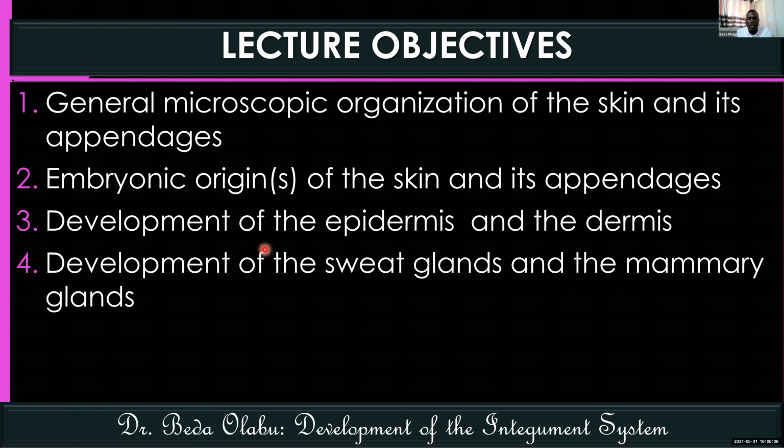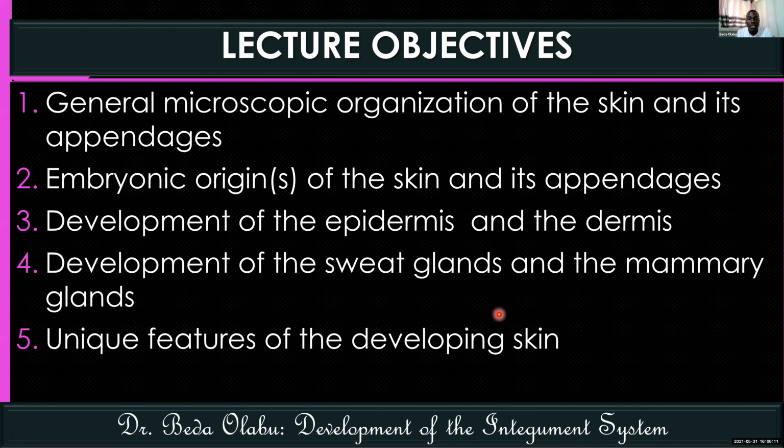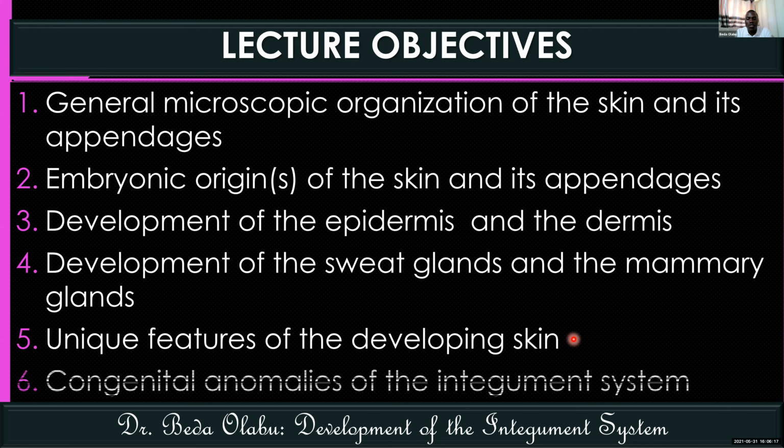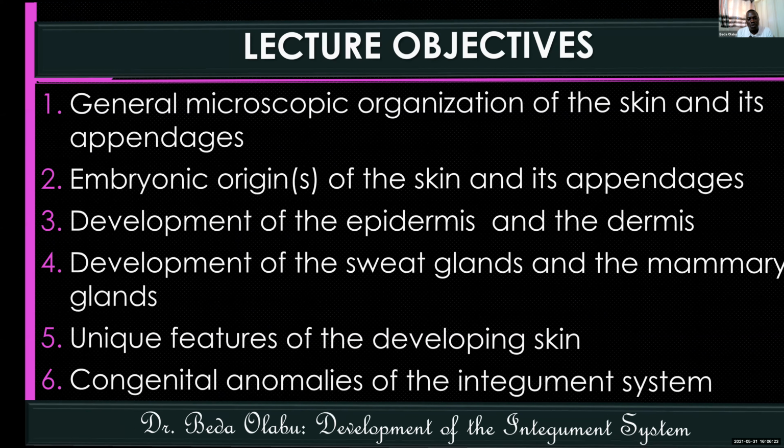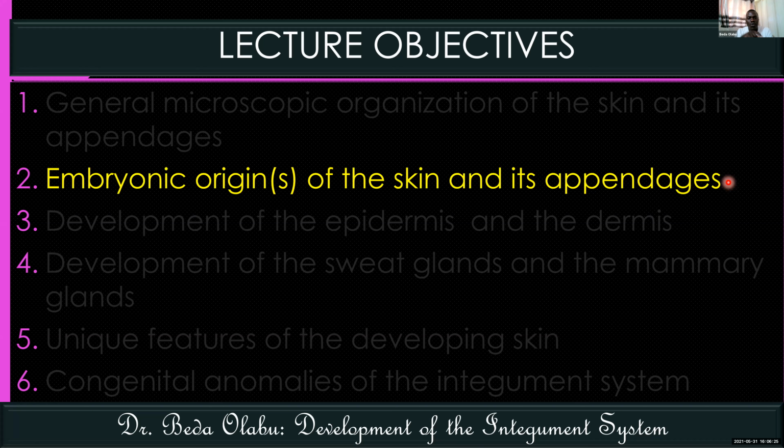We'll talk about development of the sweat glands and mammary glands, and we'll talk about unique features of the developing skin, and we'll finish with congenital anomalies of the integument system. So let's go straight to objective number 2, because objective number 1 is still fresh in our mind, so I've skipped it.